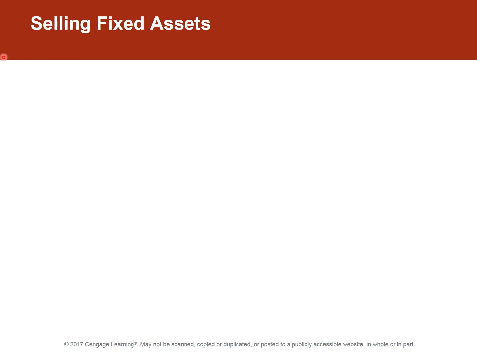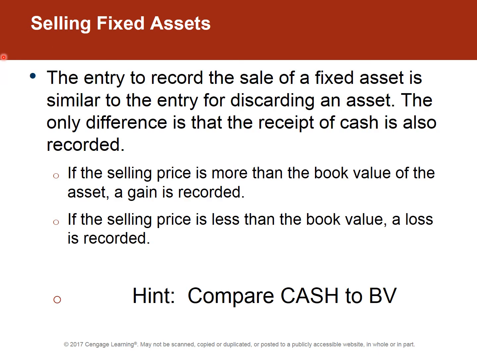We're going to see that as we go through this example. One of the things that we will do is match the selling price with the book value, and if it's greater, there's a gain. If it's less, there is a loss. So again, we're going to be comparing cash to book value. This is very similar to the prior examples, but now we've got to deal with cash, debiting cash that we receive from selling our equipment.